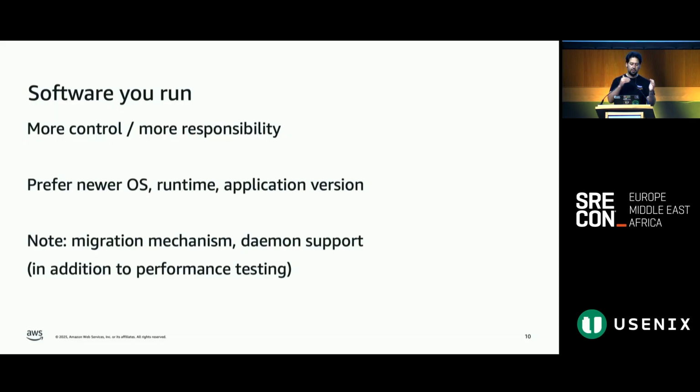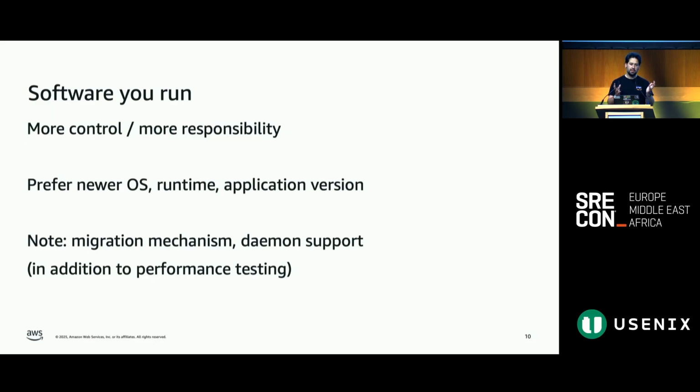Next thing that you want is you want your runtime, if you have any control over it. So for example, if the thing you run runs on Java and you're still running Java 8, it will work on ARM64, but you will get much better performance if you are able to switch to using Java 17 or Java 21. And of course, the application version. And again, newer application version, better performance usually.